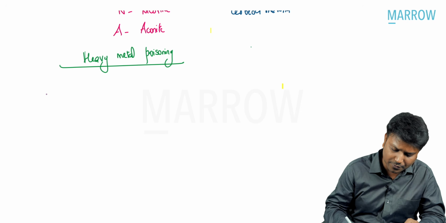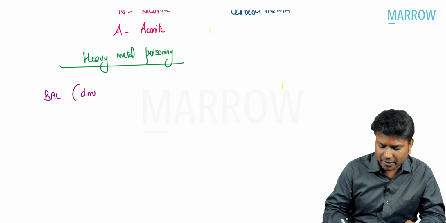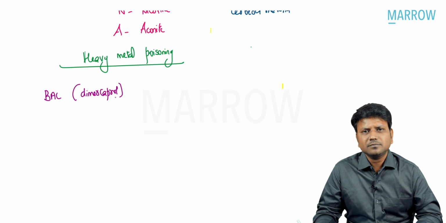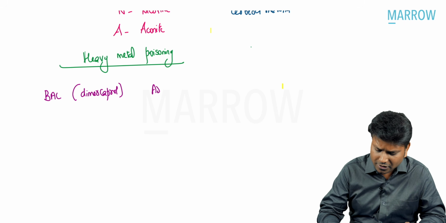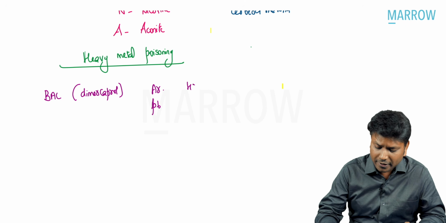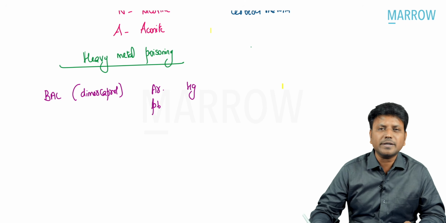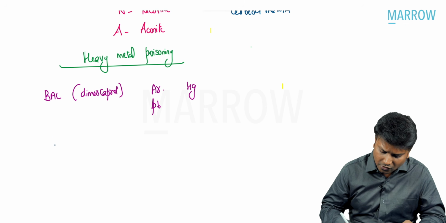Number one, we have British anti-lewisite. British anti-lewisite's chemical name is dimercaprol. You can use it in many heavy metal poisonings, particularly arsenic, lead and mercury. But remember, there are a few poisons where it is contraindicated. What are the conditions where it is contraindicated?